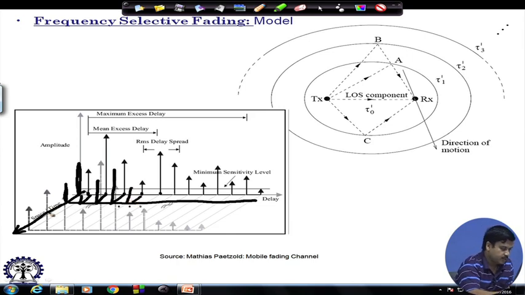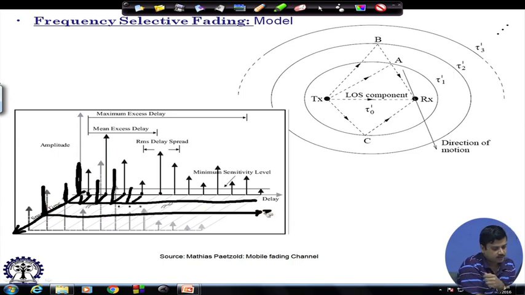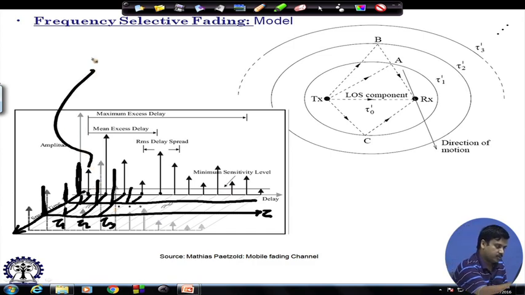If we repeat the experiment at another time, suppose at this time we have launched an impulse and we are studying it across the delay axis, we are going to get an echo for tau 1, an echo for tau 2, and an echo for tau 3. Now, what we have is these values. This particular one is h of t1 comma tau 1.